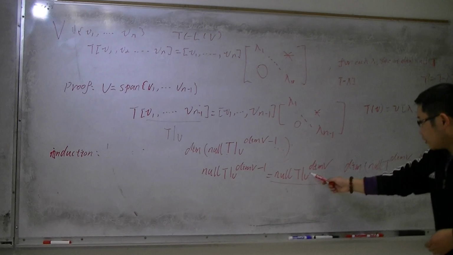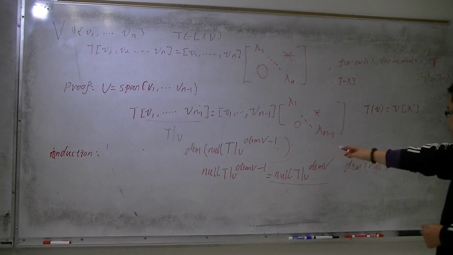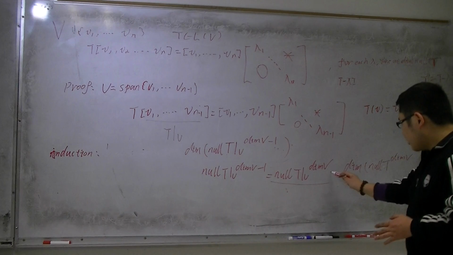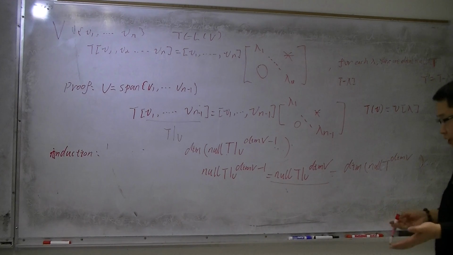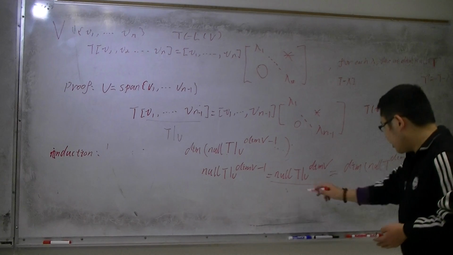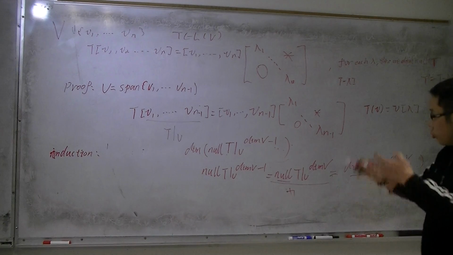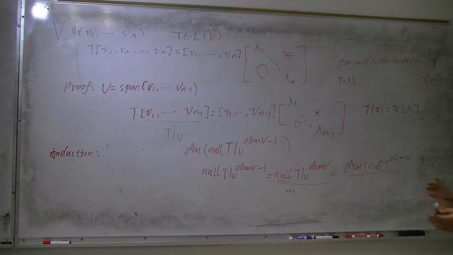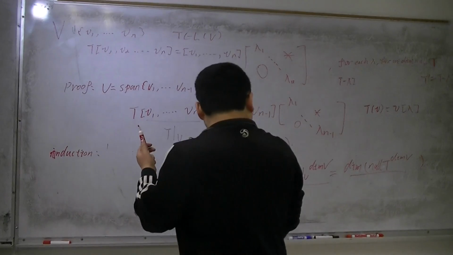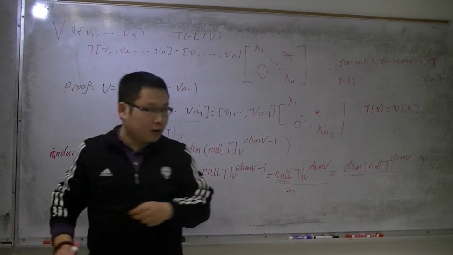So from some previous argument, if lambda n is not equal to 0, these two must be equal to complete the proof. If lambda n is equal to 0, then this one must be equal to this one plus 1 to complete the proof. So I divide it into two parts.